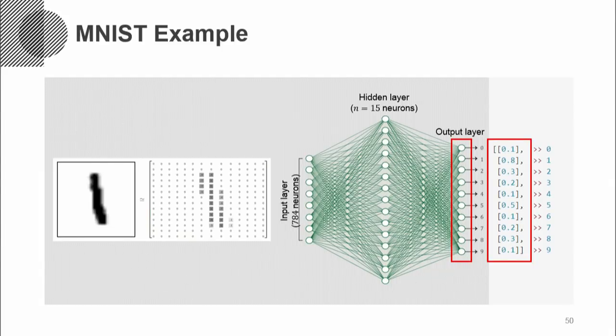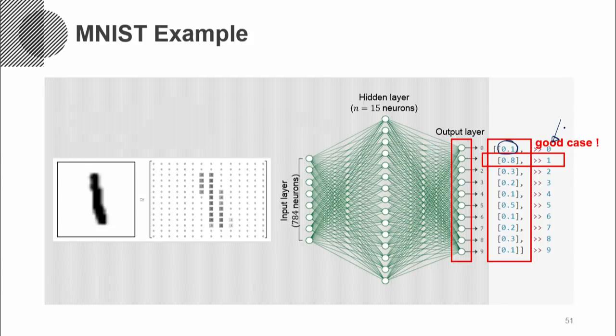And then let's suppose the resulting output is shown as this 10-dimensional vector. And notice that each value ranges from 0 to 1 because we went through the sigmoid function. So the sigmoid function output is always between 0 and 1. Then each of these sigmoid outputs can be thought of as the probability of being a particular digit label.